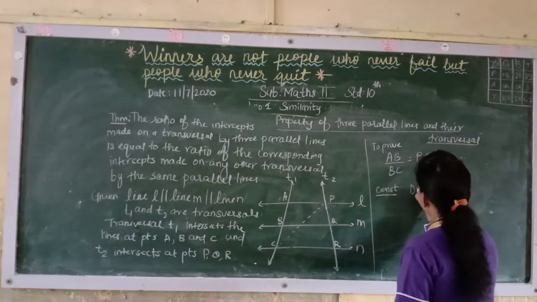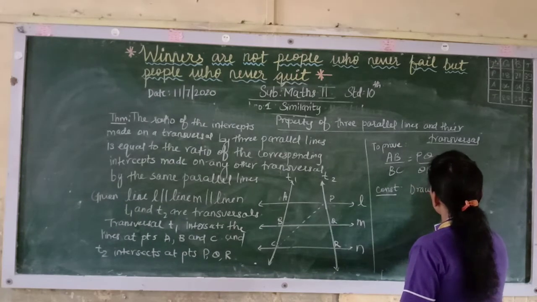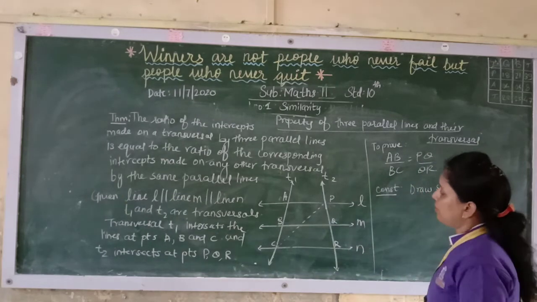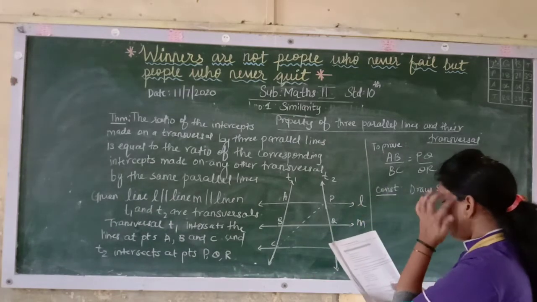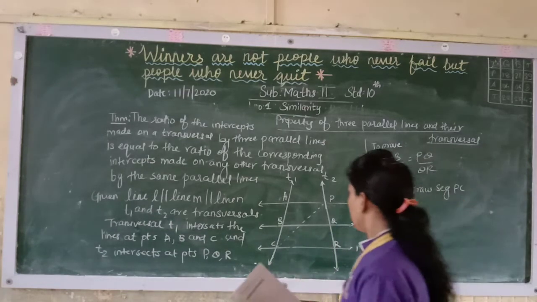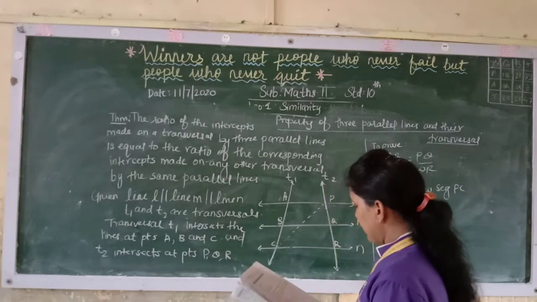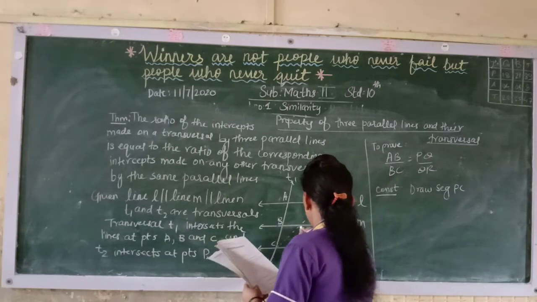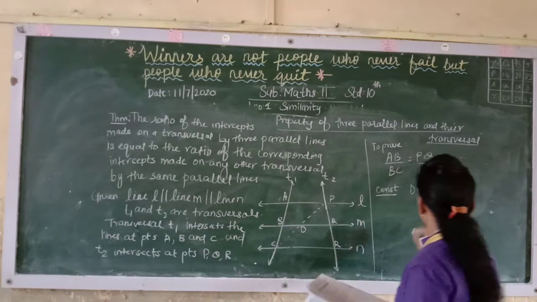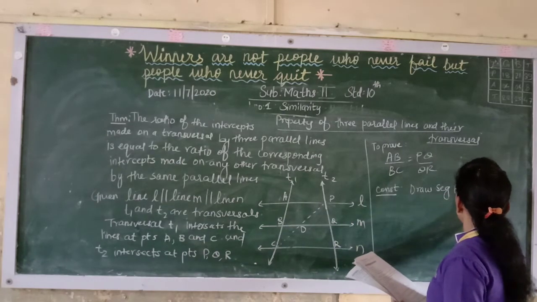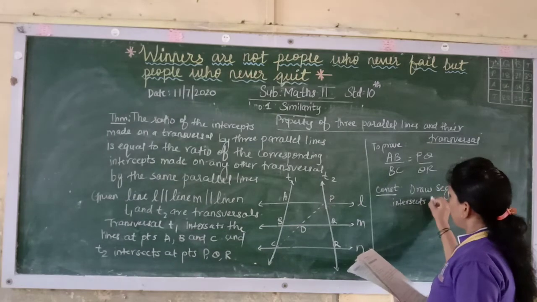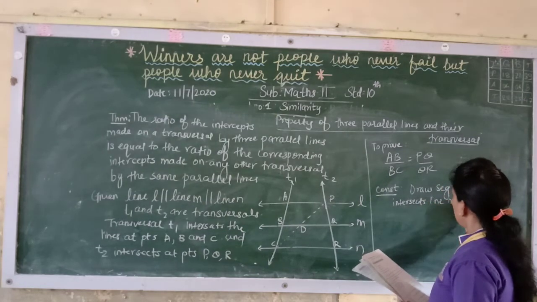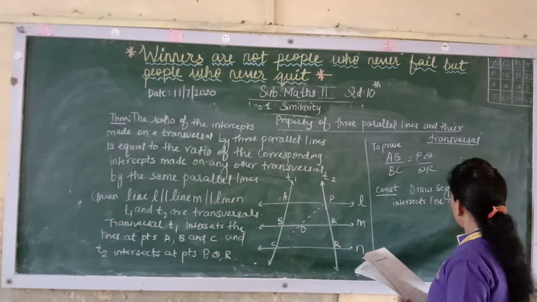So construction: draw segment PC. Now it intersects line M at point B.